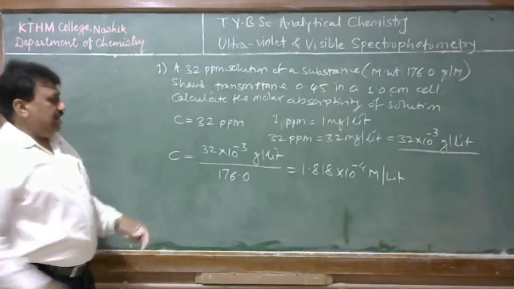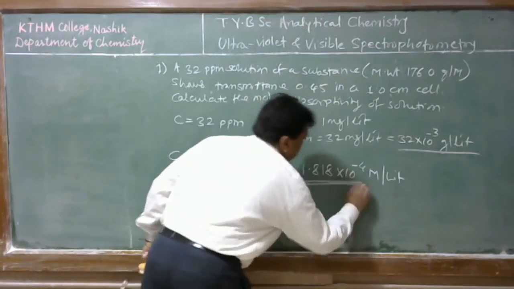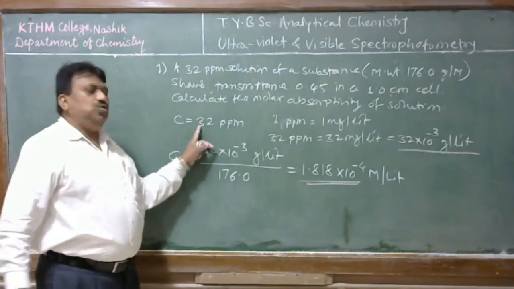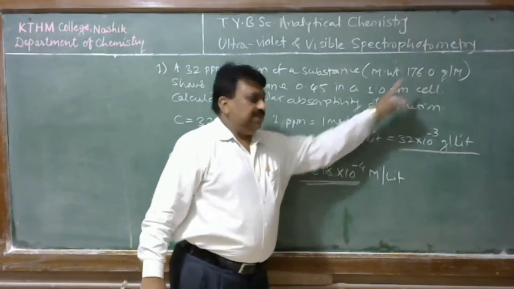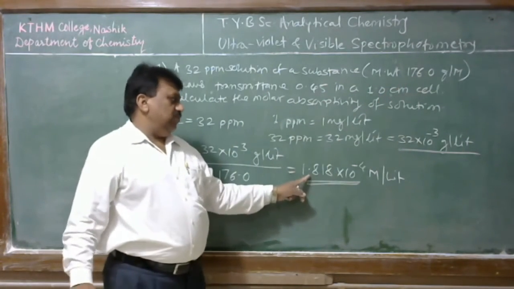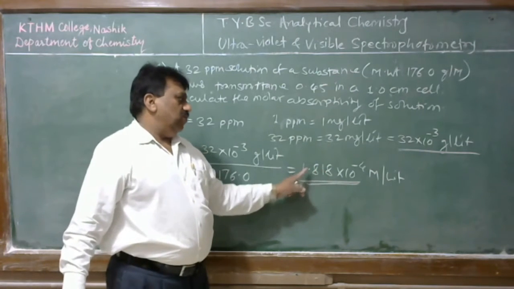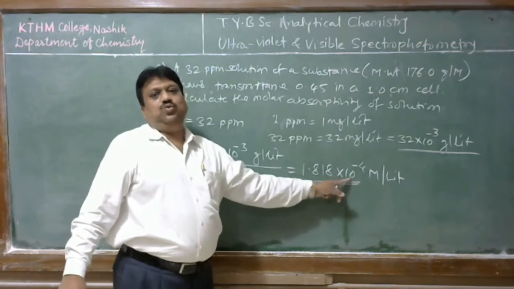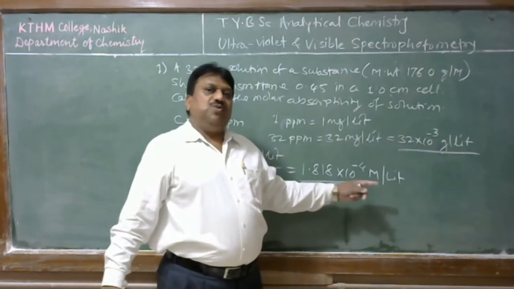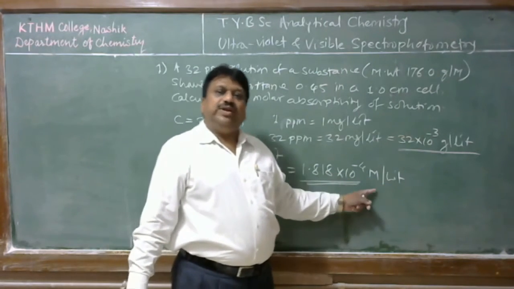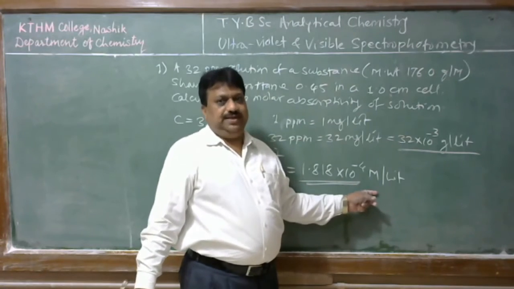This is the concentration that we found. That means the 32 ppm solution whose molecular weight is 176 has concentration 1.818 into 10 raised to minus 4 moles per liter, because for Lambert's law we require concentration in moles per liter.